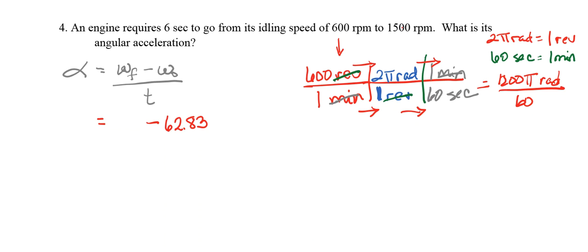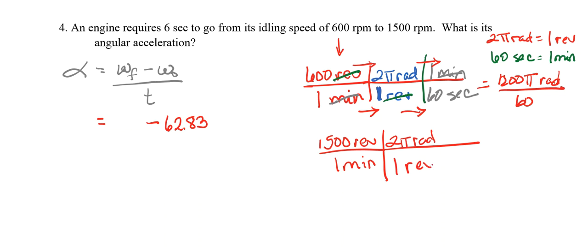Now we're going to do the 1500. It's the same process, so all we need to do is replace the 600 with 1500. It's 1500 revolutions in 1 minute, 2 pi radians in 1 revolution, and 1 minute is 60 seconds.